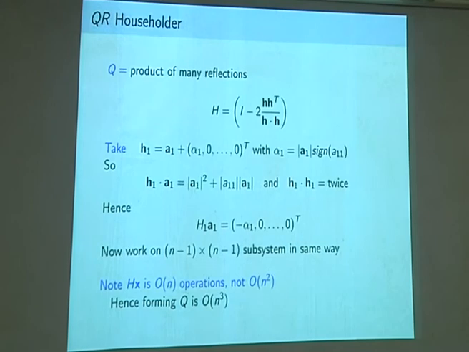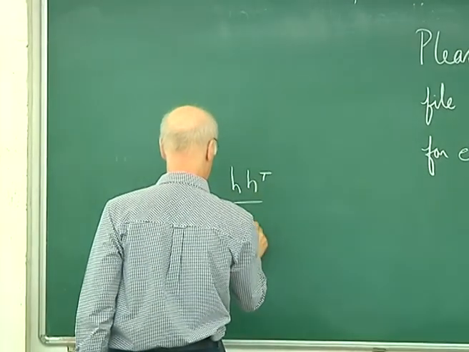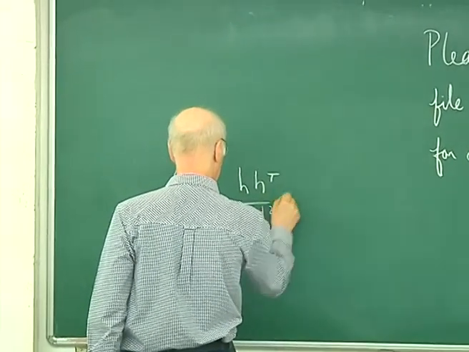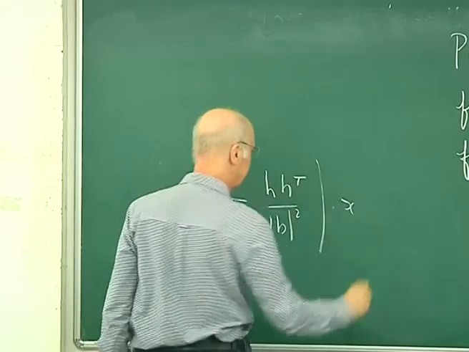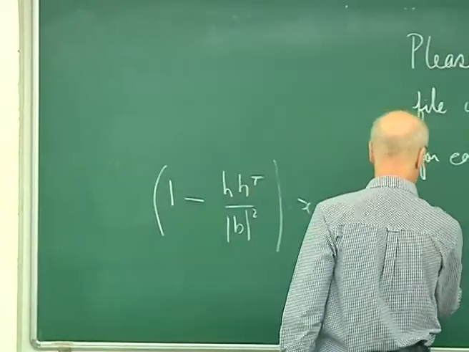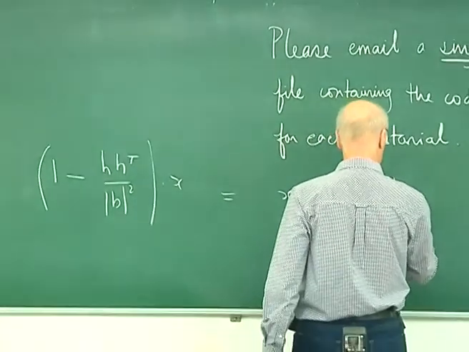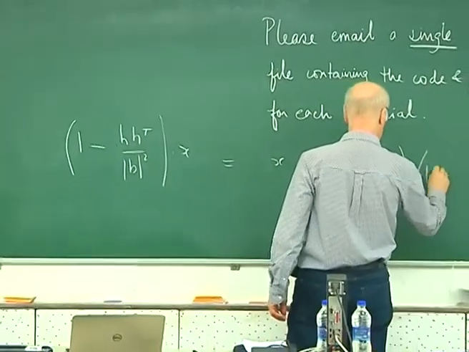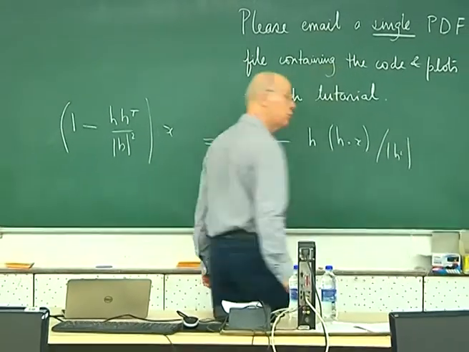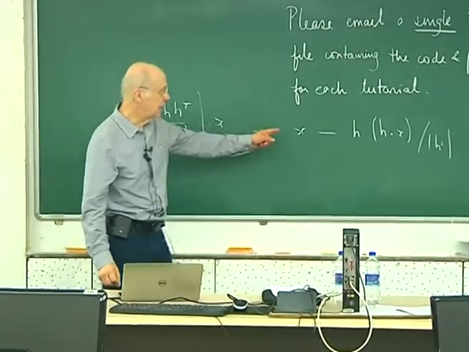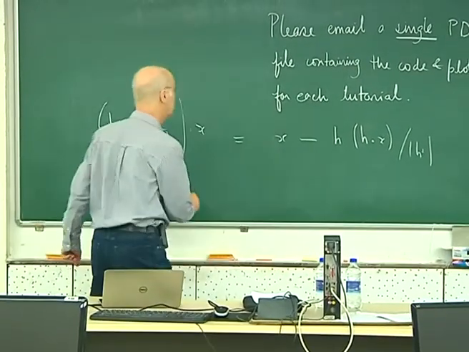And I have to persuade you that 1 minus HH^T over the size of H squared, times X, which is actually equal to X minus 2 H dot X divided by the size of H squared, is a reflection.